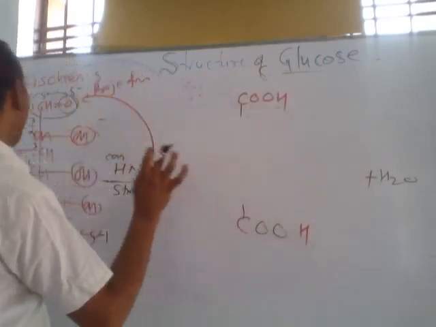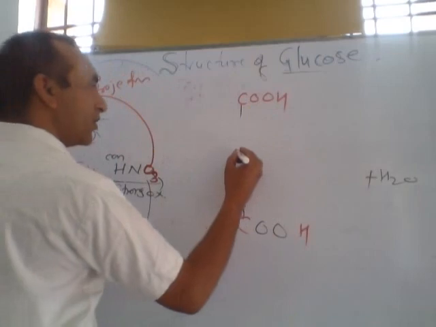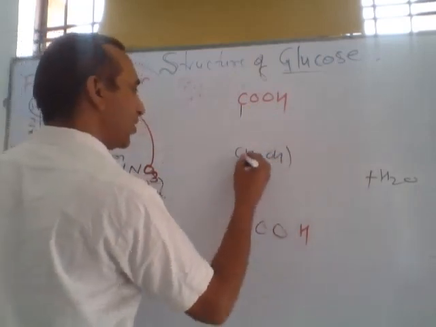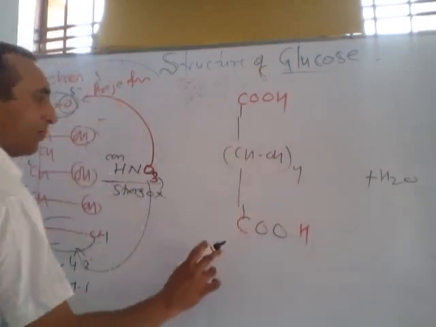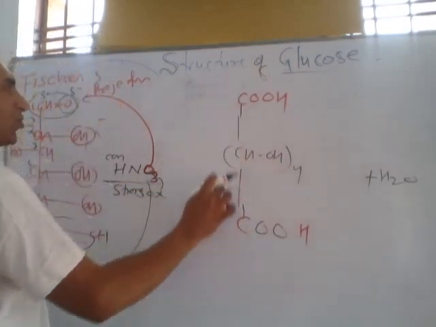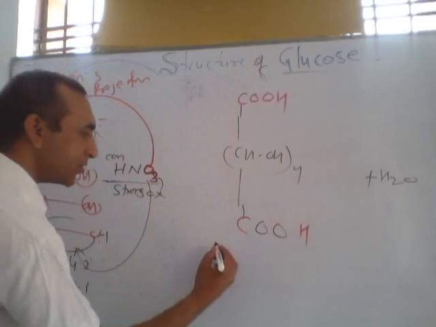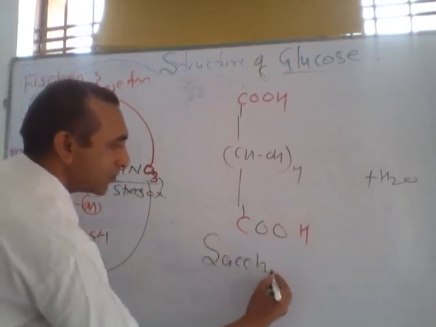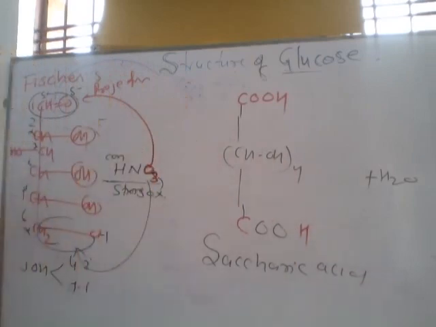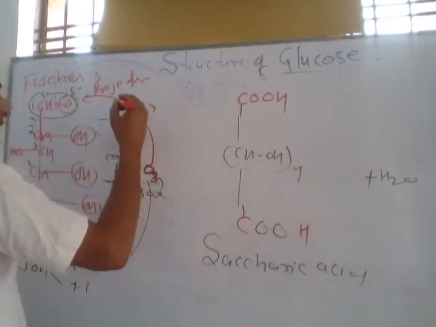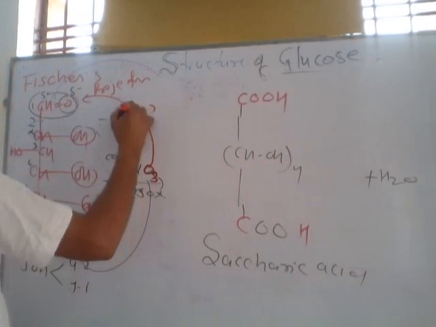Between these two groups there are four CHOH, meaning 4 OH groups remain, but the first and last carbons are converting into carboxylic groups. This compound is called saccharic acid.